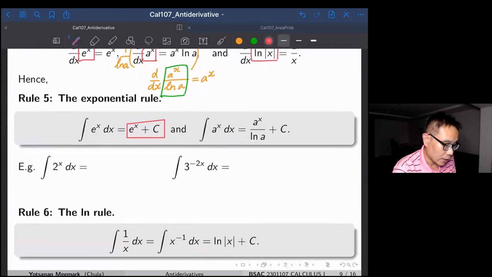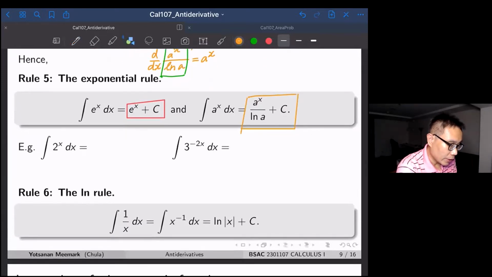And we're going to apply this formula: integrate e to the x is e to the x plus c, and integrate a to the x is a to the x over log a plus c. In this case, you'd like to integrate 2 to the x. Let me emphasize something: the mistake you make is forgetting log a on the bottom.